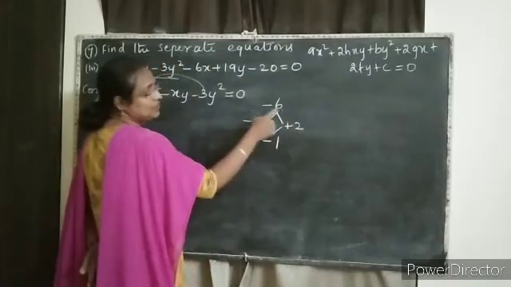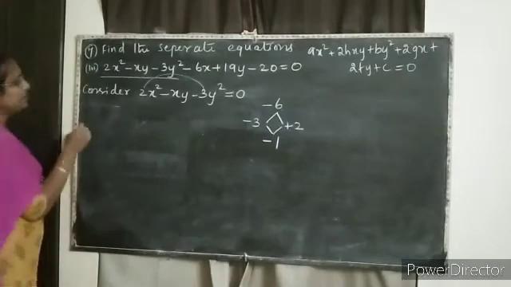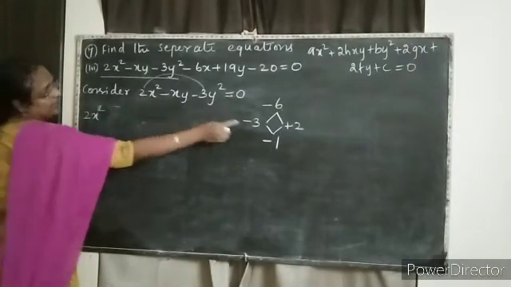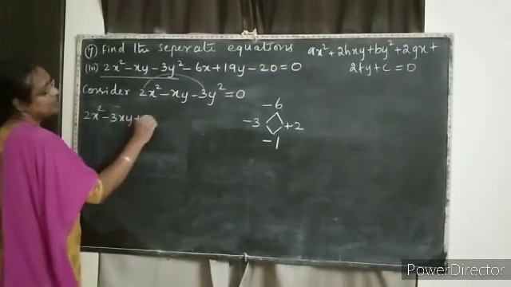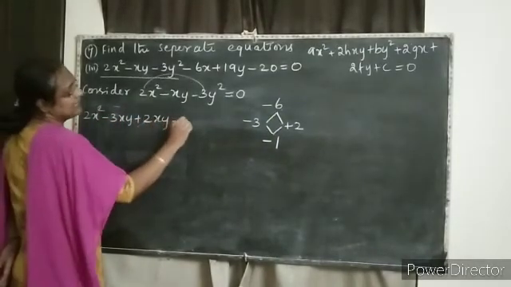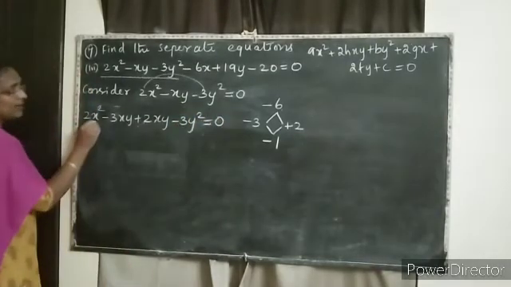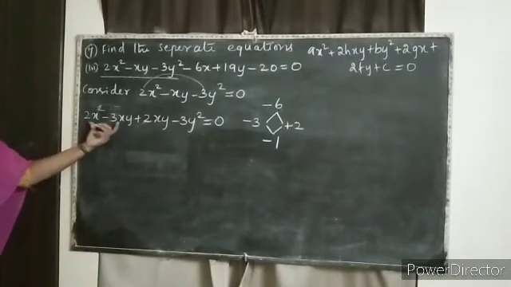Minus 3 into plus 2 is minus 6. When I add this, I will get minus 1. So I am going to separate this. 2x squared minus xy can be replaced as minus 3xy plus 2xy, minus 3y squared equal to 0. Okay, now let's combine these two. Now check it. What is common in these two?